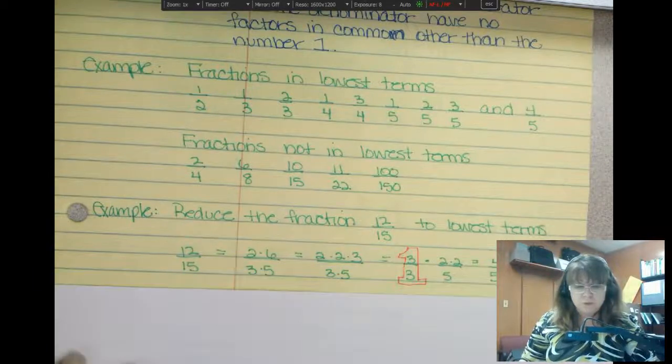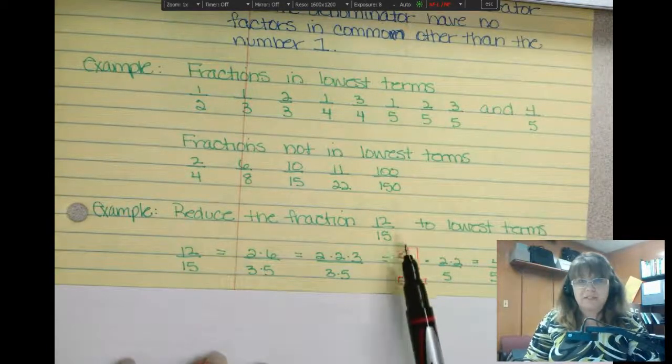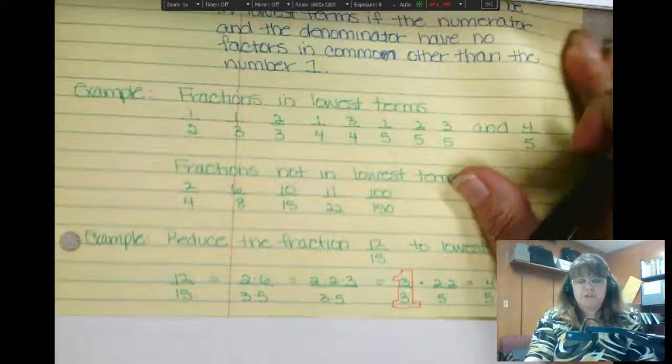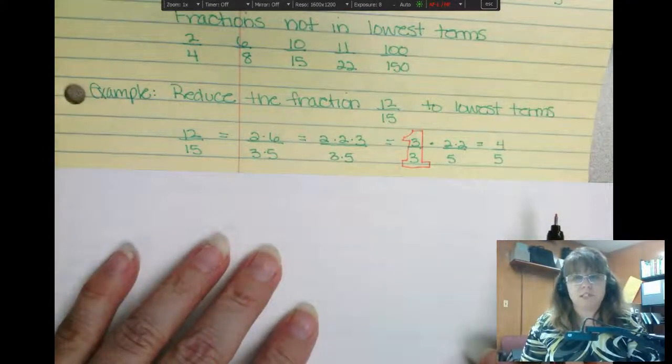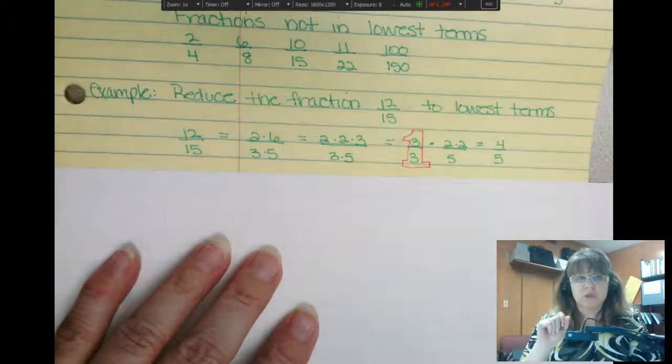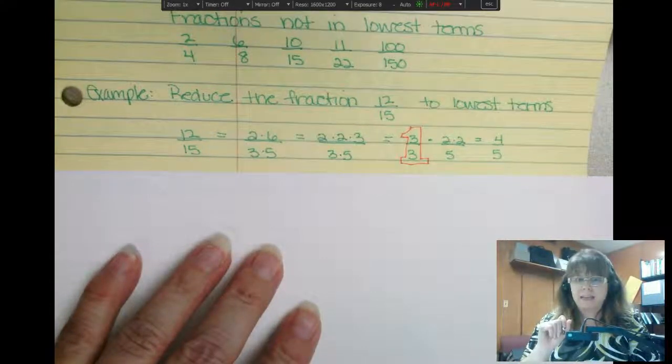So to reduce 12/15 into its lowest terms, the first thing that I think makes it a little bit easier is to break down the numerator and the denominator into their prime factors, and then see what each has in common.